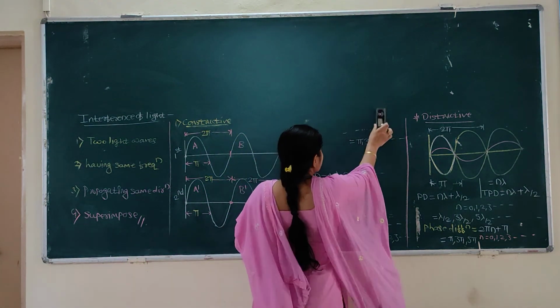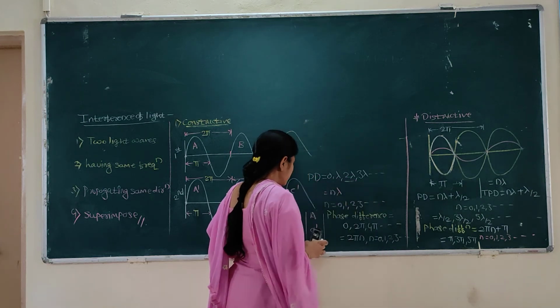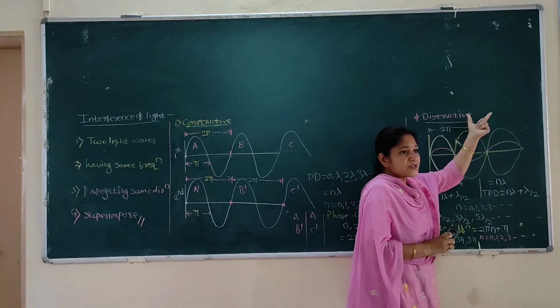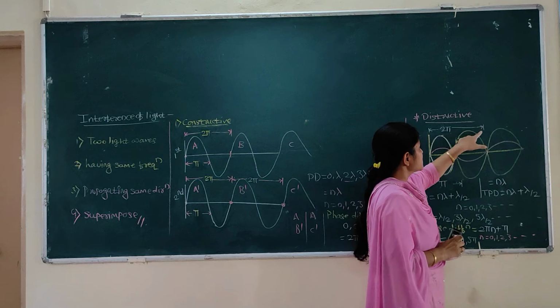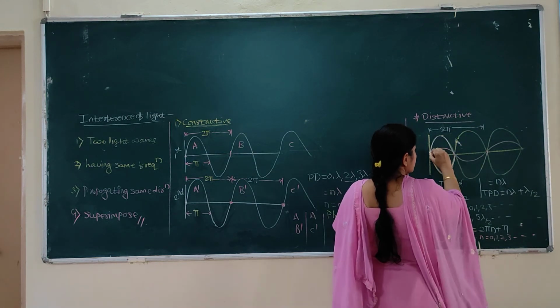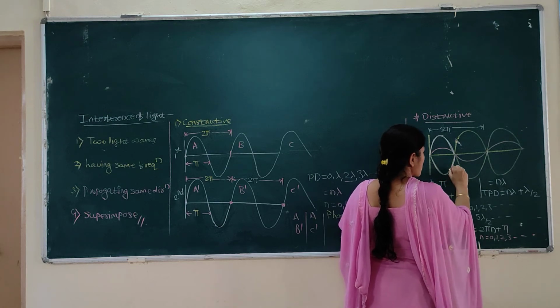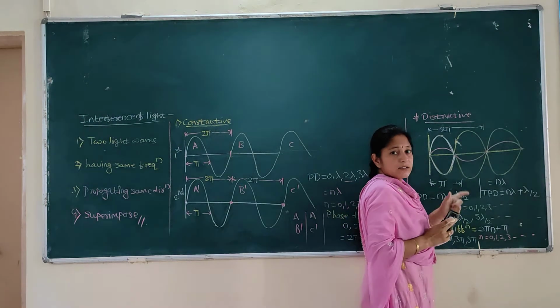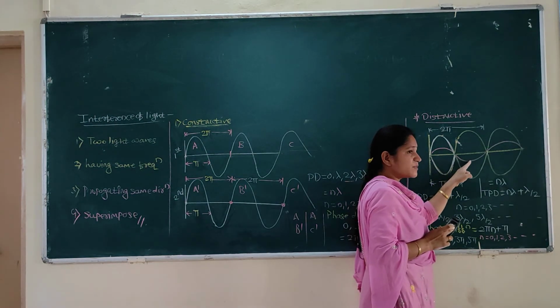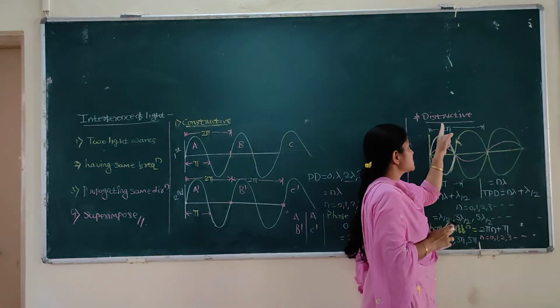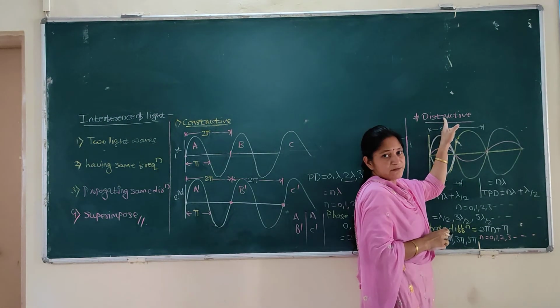Okay, now after that we discuss destructive interference. Destructive interference is when the crest of one wave overlaps with the trough of another wave, then the resultant amplitude or displacement is minimum, and it is said to be destructive interference.